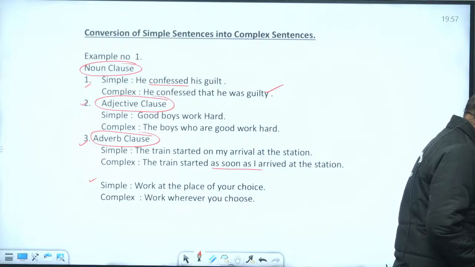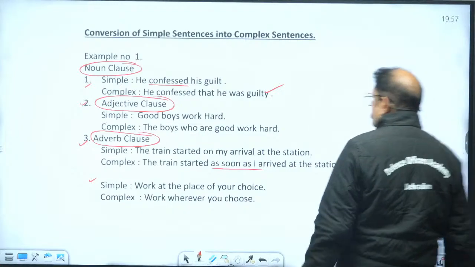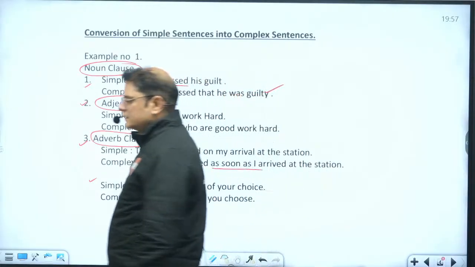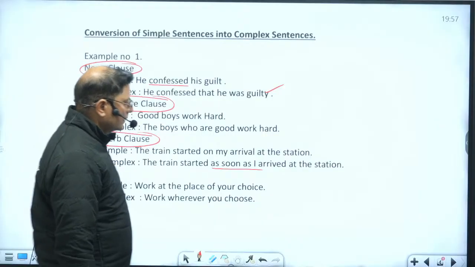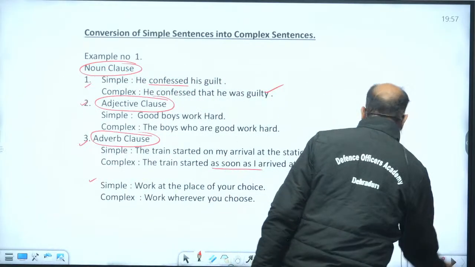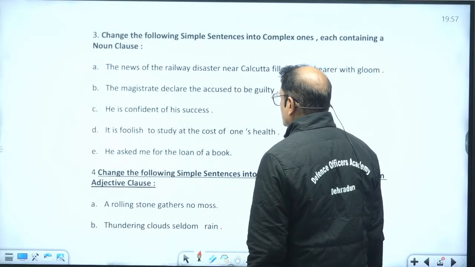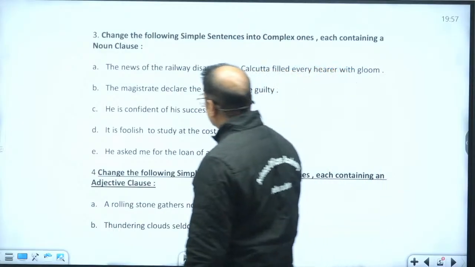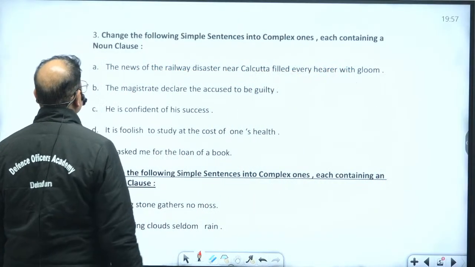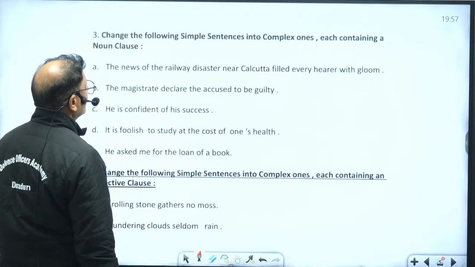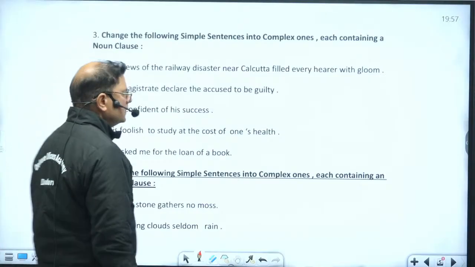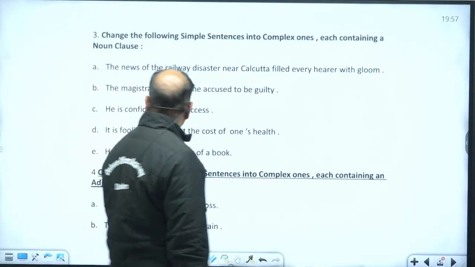Okay, now I am sharing the last exercise with you. Okay, we'll do up to 3. Change the following simple sentences into complex ones, each containing a noun clause.